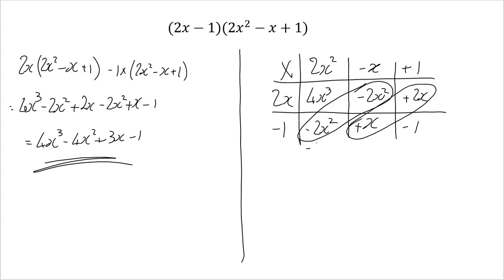Minus 2x squared minus 2x squared gives me minus 4x squared, plus x plus 2x gives me plus 3x. Then we can write the whole thing out. I've got 4x cubed minus 4x squared plus 3x minus 1, which is the exact same as what we got before. So two different methods for solving the exact same thing.